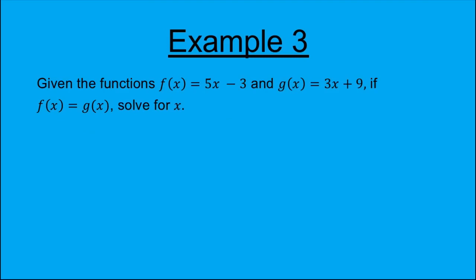Example 3. Given the functions f of x equaling 5x subtract 3 and g of x equaling 3x add 9, if f of x equals g of x, solve for x.